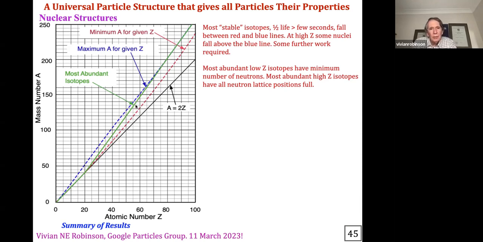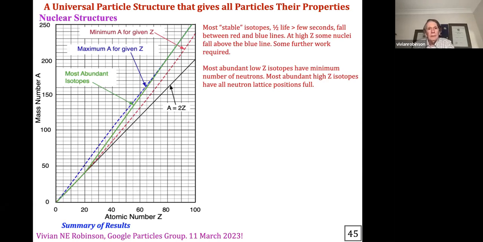It's not quite in the middle of this, but it's got the most number of isotopes, with the less abundant ones on the lower side. There are 50 more isotopes below the most abundant line than above it.